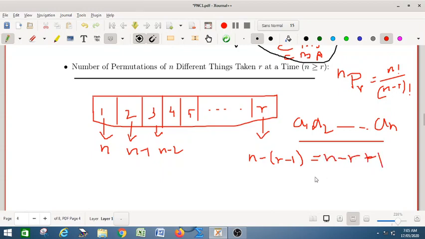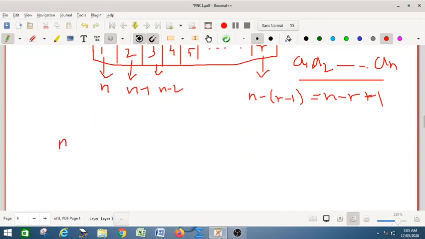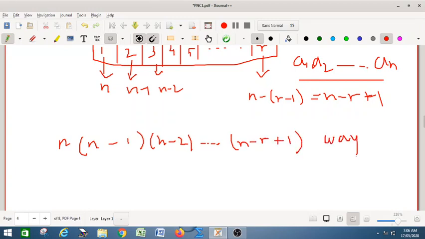What is the total number of ways? You are filling all the places simultaneously, so by the multiplication rule, it is n into n minus 1 into n minus 2, etc., into n minus r plus 1 ways. This is the total number of ways of filling the r different places.